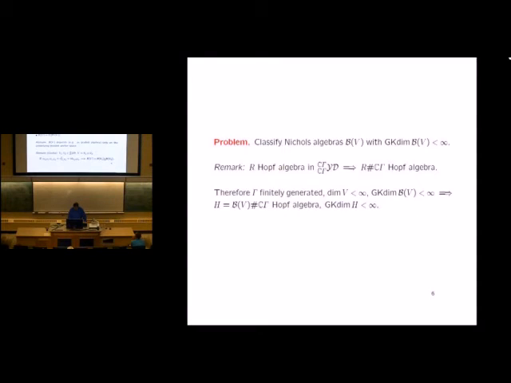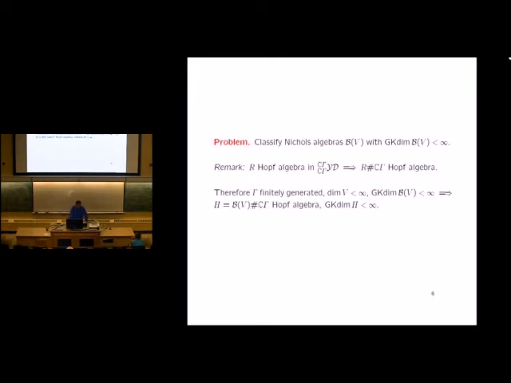Okay. So what is the problem I would like to address, which fits into this context that I mentioned before? The problem is classifying Nichols algebras, say over abelian groups, with finite Gelfand-Kirillov dimension.